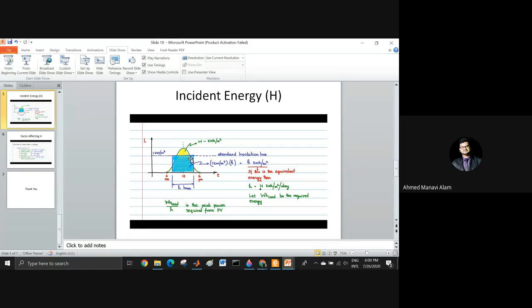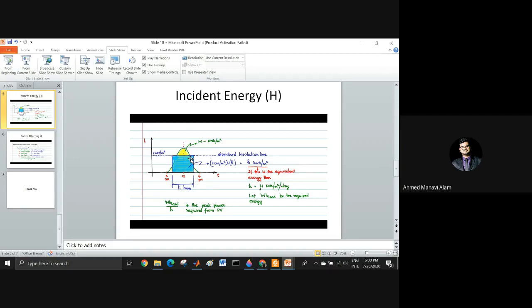In our country, it is operating at 50 hertz, but in Western countries, it is operating at 60 hertz AC connection.